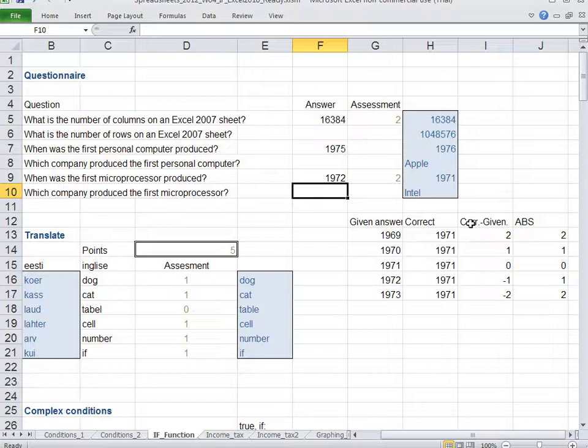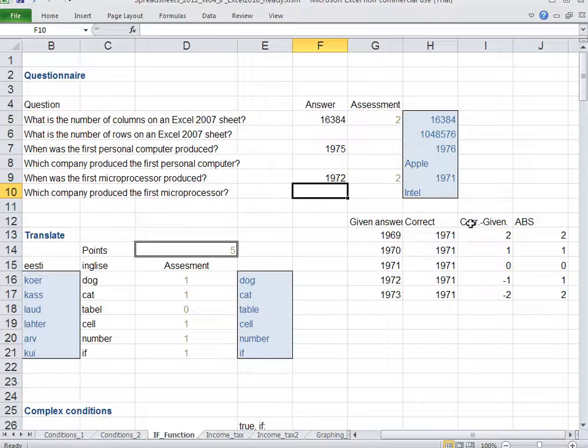So this is the situation we don't want to be in at the moment. Let us make a formula in which we give 2 points for the right answer, 0 points for the wrong answer, and if the answer hasn't been given at all, we will give empty as an assessment as well.